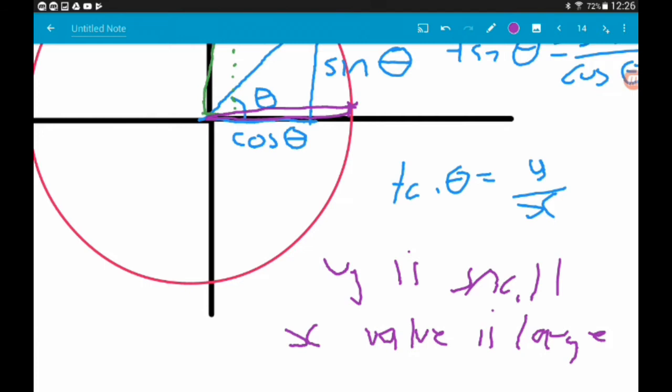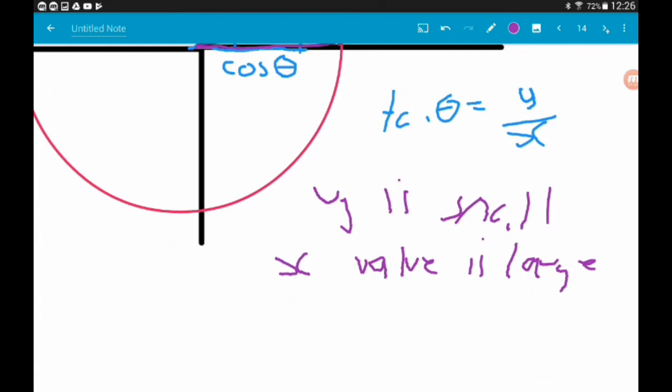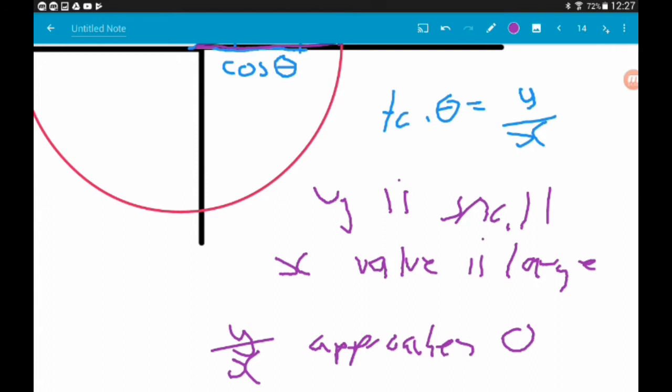So as we get closer and closer to the x-axis where theta is 0 degrees, this fraction y over x is going to be really small. So y over x approaches 0 as we get closer and closer to the x-axis.